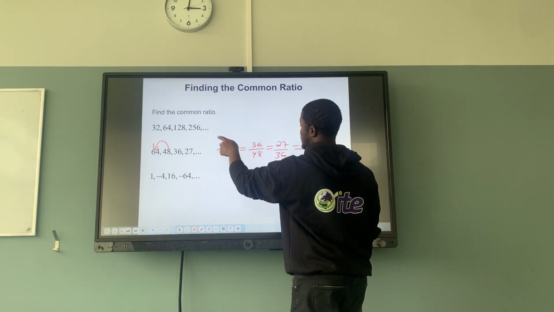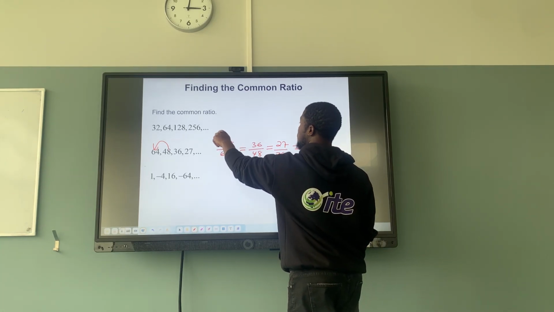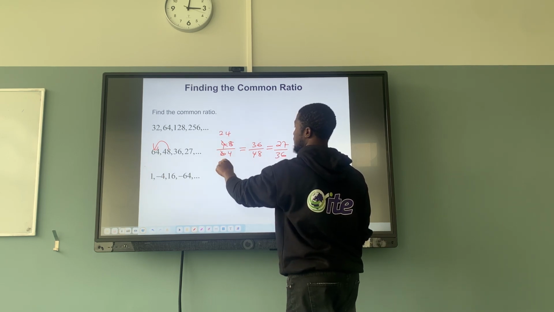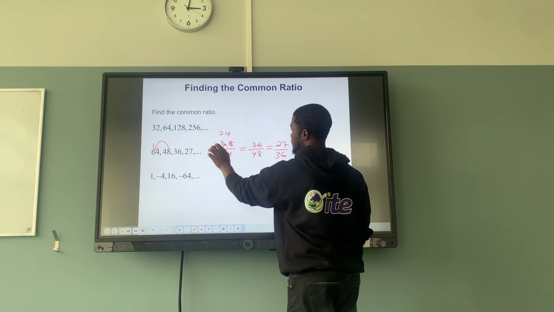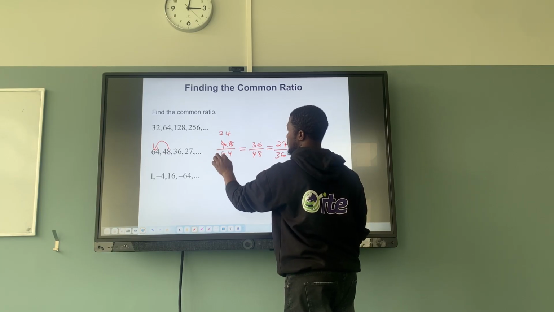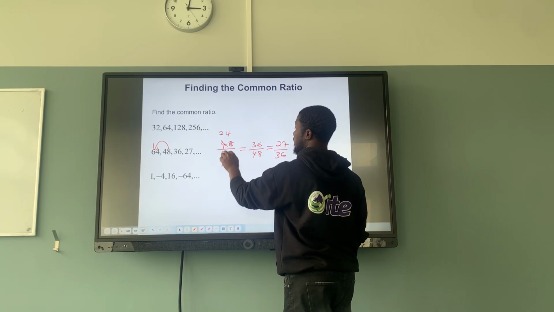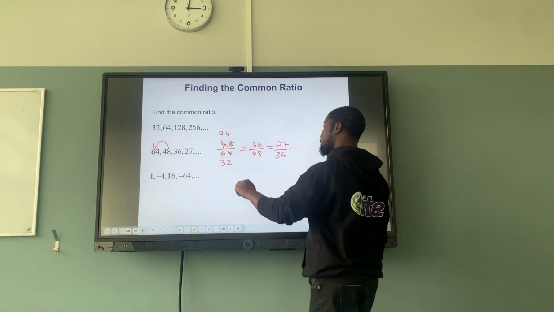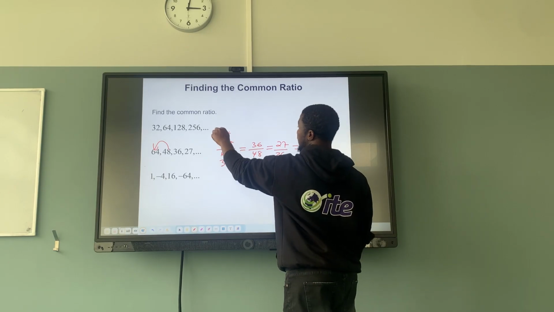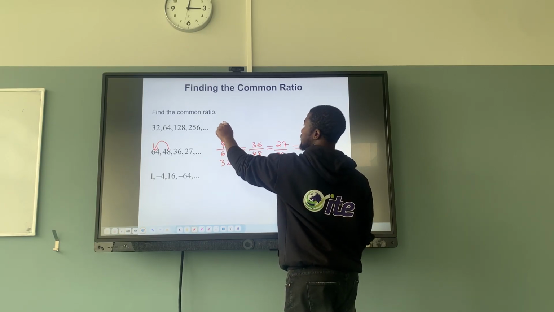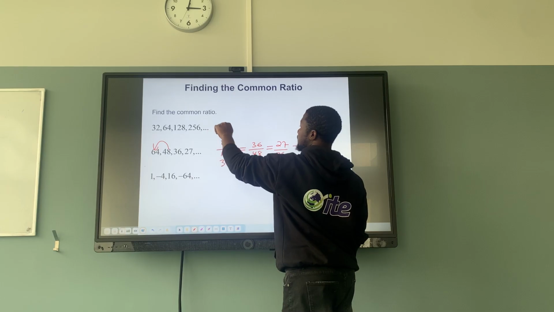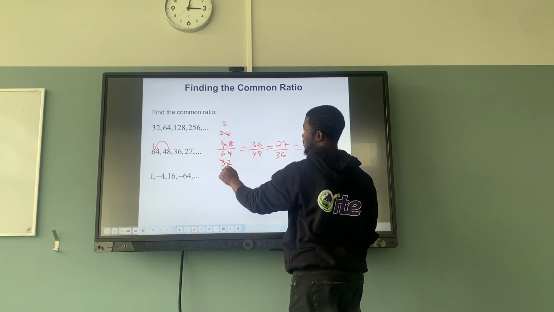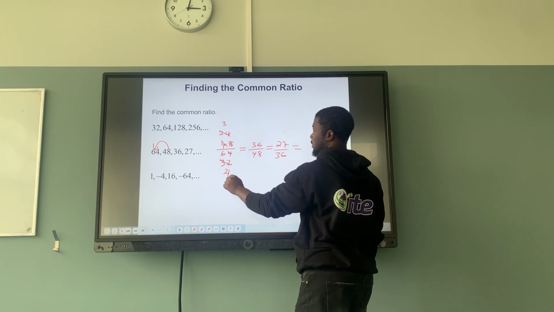So 2 goes into 4, 2 times, into 8, 4 times, into 6, 3 times, into 4, 2 times. So 24 and 32: 3 goes into 24, that is 8 times, into 32, that is 4 times.